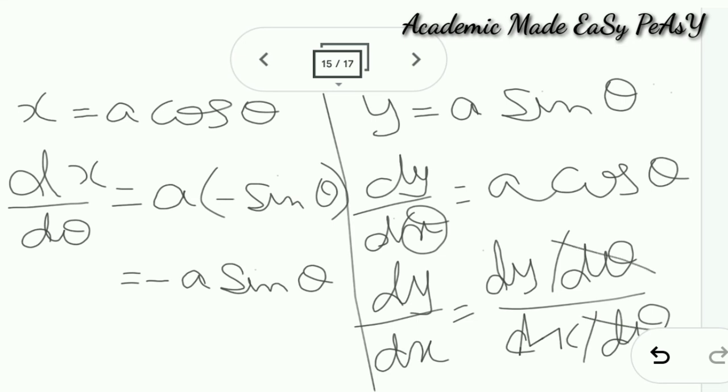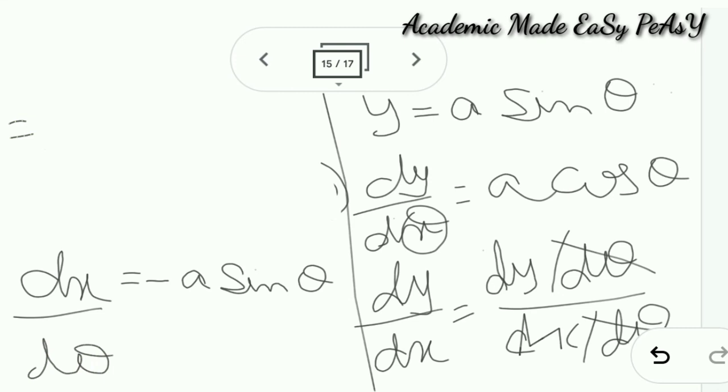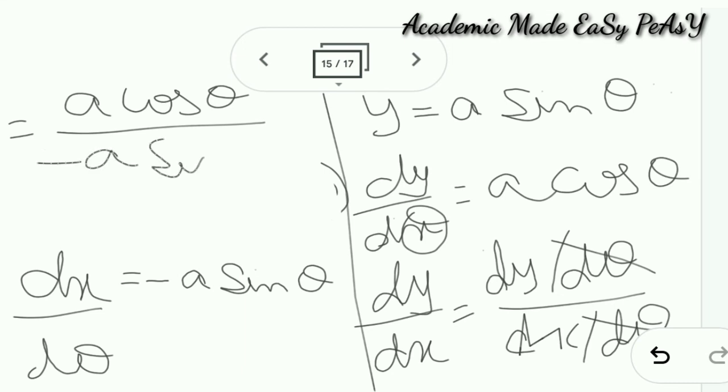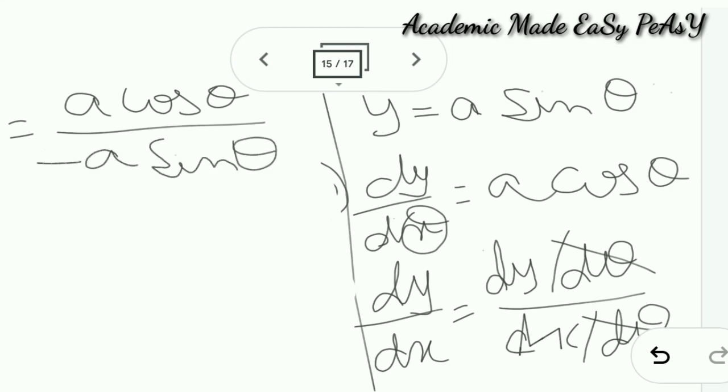So dy by d theta is a cos theta, divided by dx by d theta, which is minus a sin theta. My a and a will get cancelled, so I have minus cos by sin, which is cot. So the derivative of the function is minus cot theta.